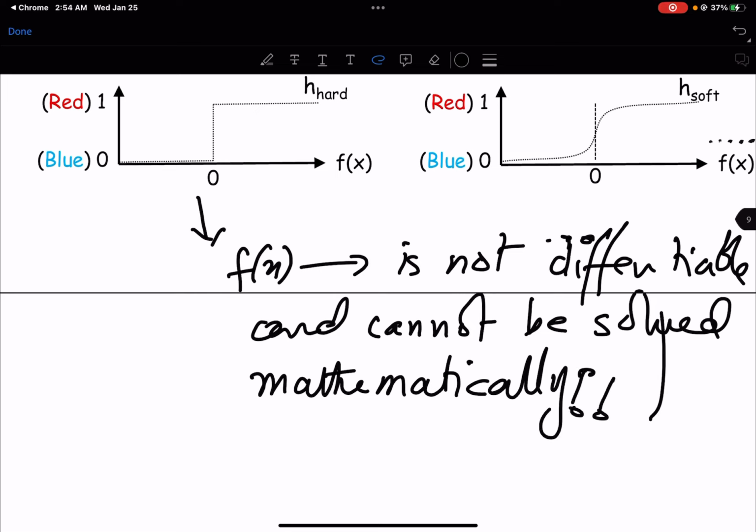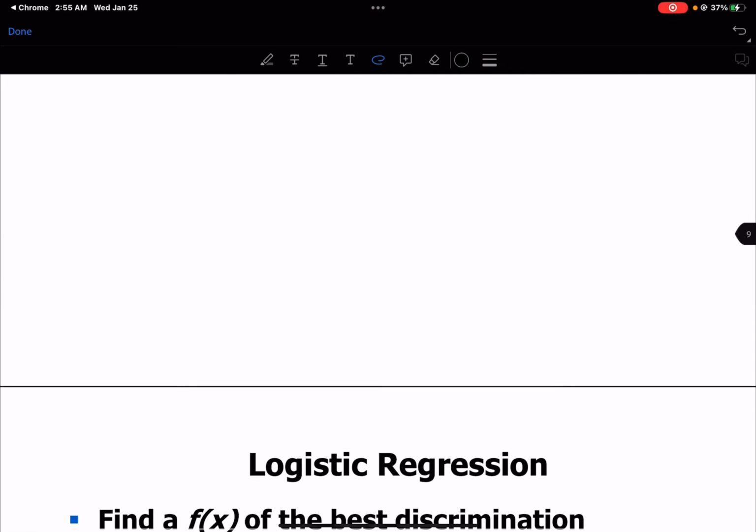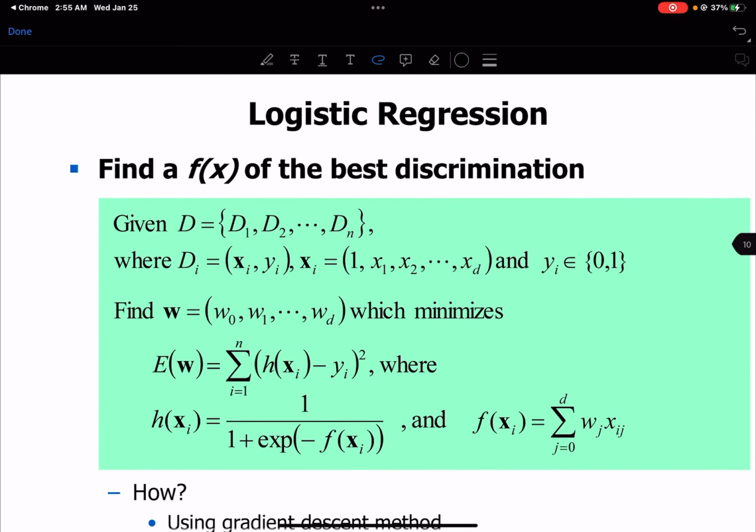So we choose the soft classifier because there is no hard jump between 0 and 1. So our function can still find a tangent and we can have a mathematical solution.